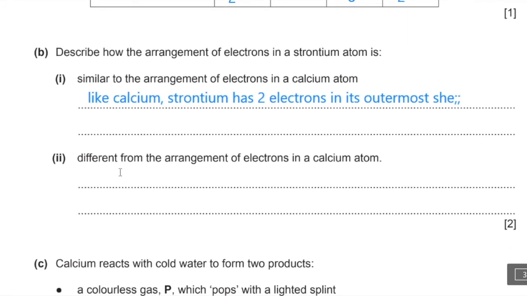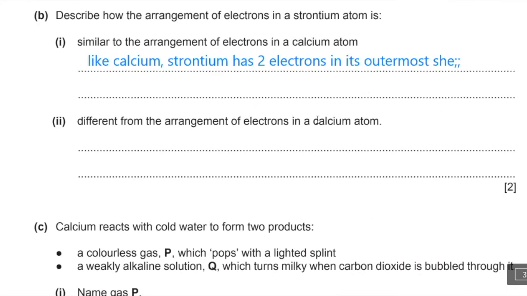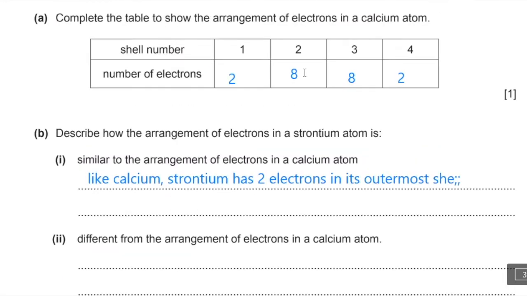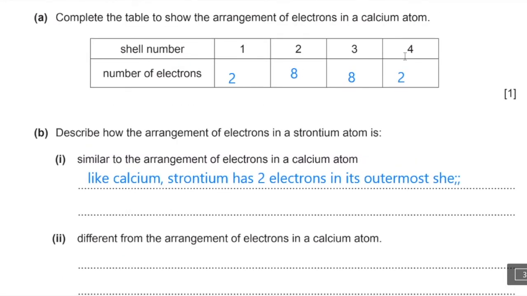Two, different from the arrangement of electrons in calcium atom. Right, since calcium and strontium are in different periods, they have different number of shells, and because of that, the outermost electrons in strontium are in the outermost shell, which is the 5th shell, unlike calcium, which has a total of 4 shells.